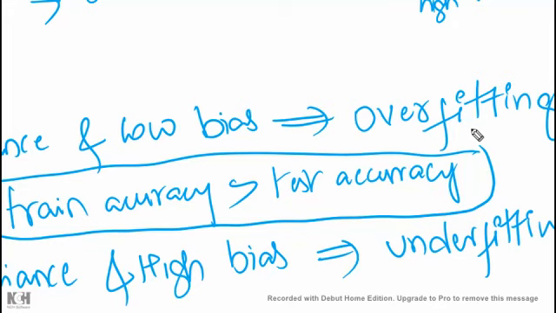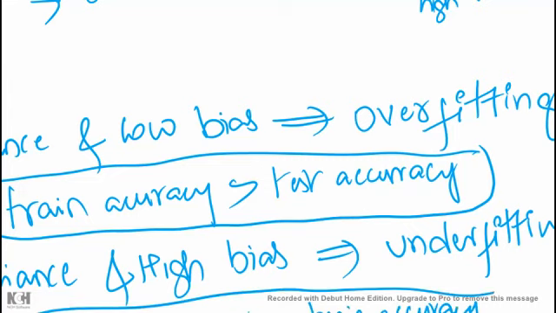If test accuracy is greater than train accuracy, then it is called an underfitting problem. Earlier I told you using accuracies; now I am telling you based on error. Bias means simply train error, and variance means test error.